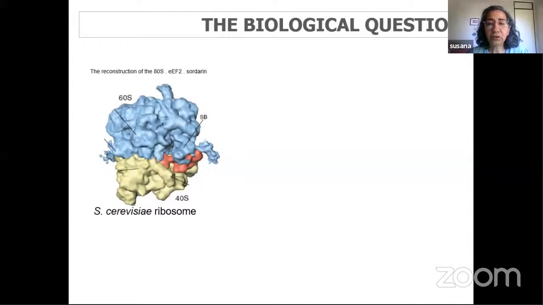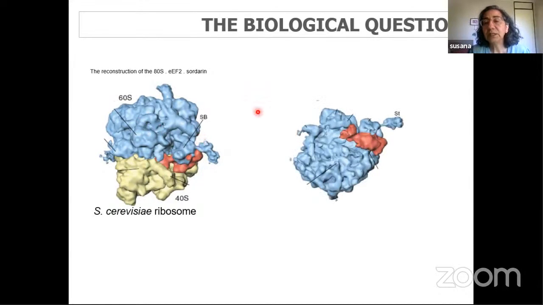So let's start with the biological question that these people have. They were working in Saccharomyces cerevisiae, and this structure here is the ribosome from this yeast, and it has two subunits, the 60S and the 40S. If we open this structure, we will find this structure here that is called the stalk or P0.